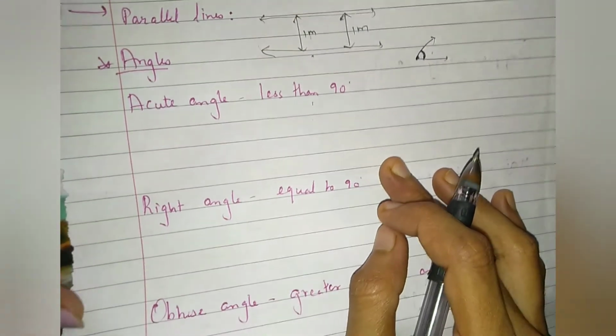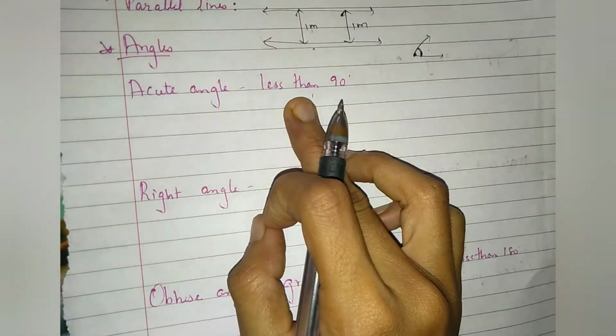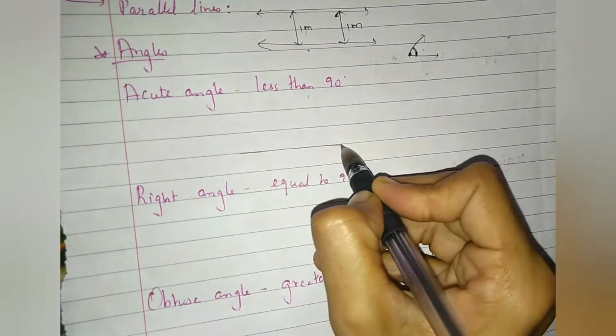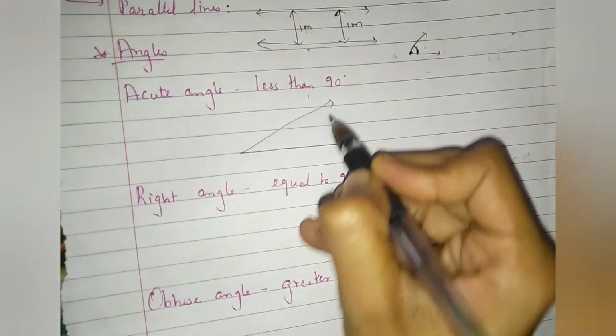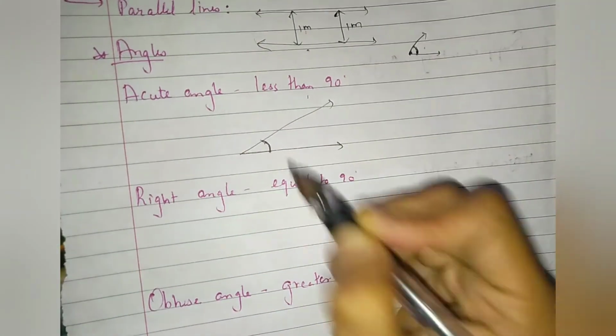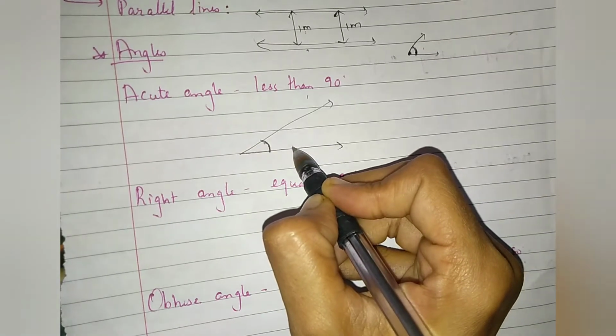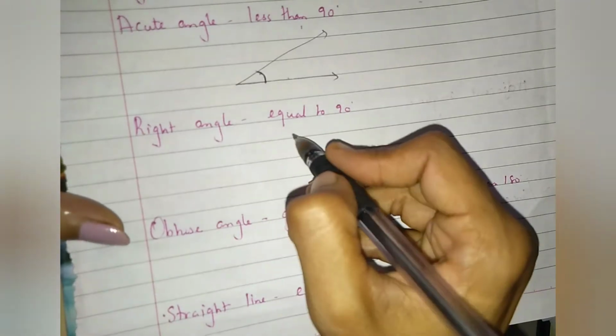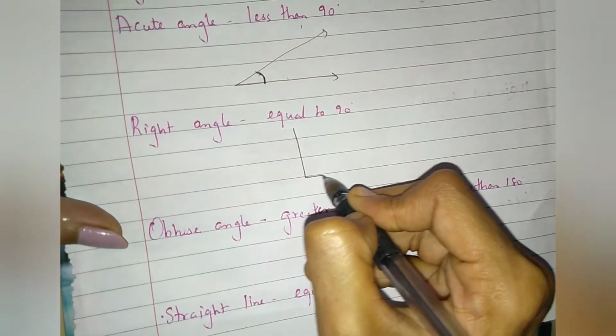Now acute angle. Acute angle is less than 90 degrees. Acute angle means less than 90 degrees. So this angle, you can say is less than 90 degrees, so we can say this is an acute angle. Right angle. Right angle is equal to 90 degrees.